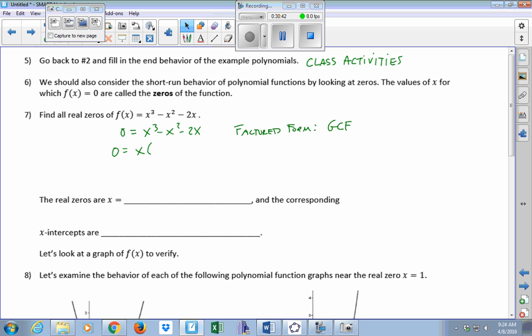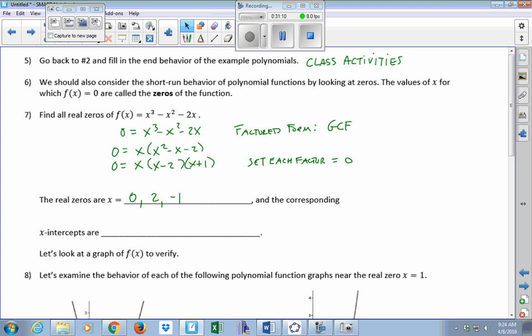So you pull out x, and then you're left with a second factor that can be factored as x minus 2, x plus 1. When you set each of those factors equal to 0, you get x equals 0, 2, and -1. You set each factor equal to 0. Okay, you've done this quite a bit.